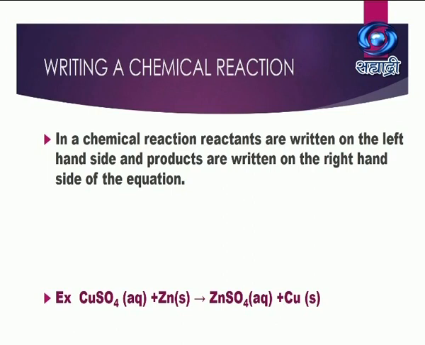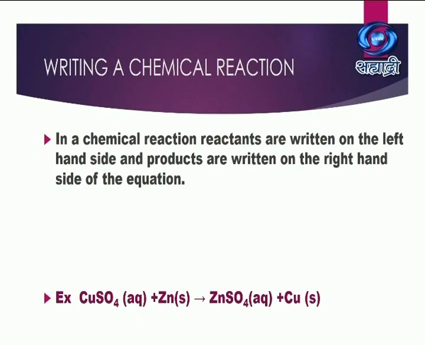In a chemical reaction, reactants are written on the left hand side and products are written on the right hand side of the equation. Here at the bottom, I have written one particular equation, that is CuSO4 plus Zn gives ZnSO4 plus Cu, that is copper. Here you can see the reactants are written on the left hand side.